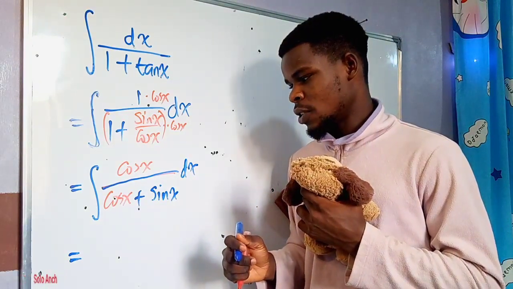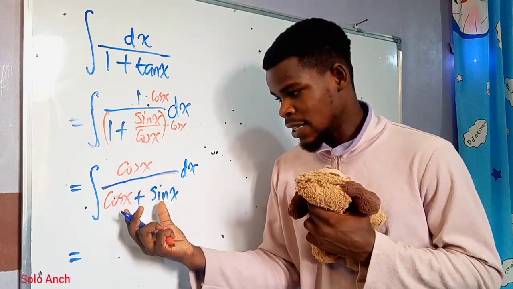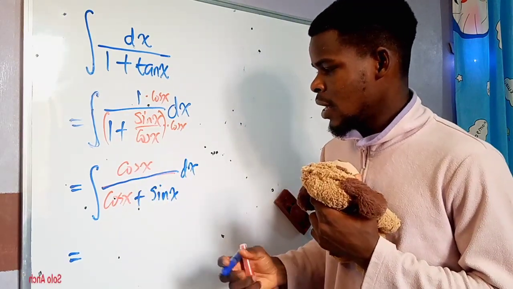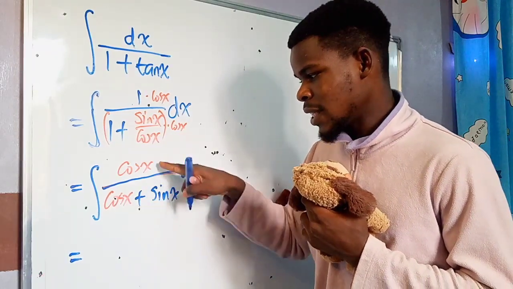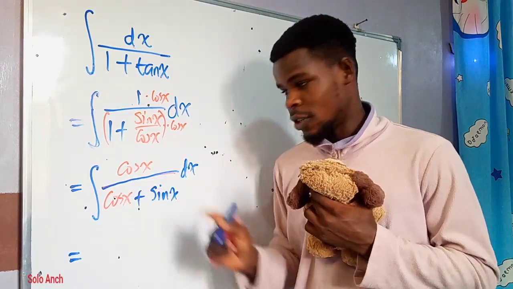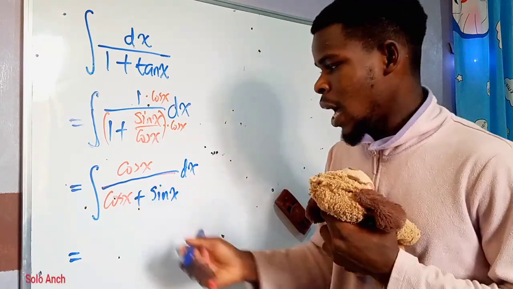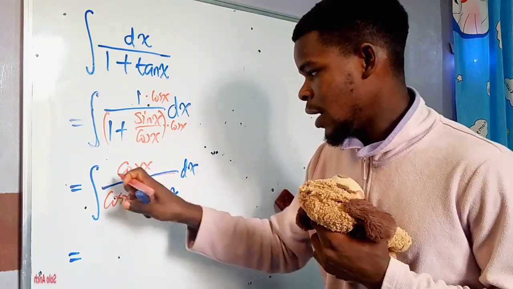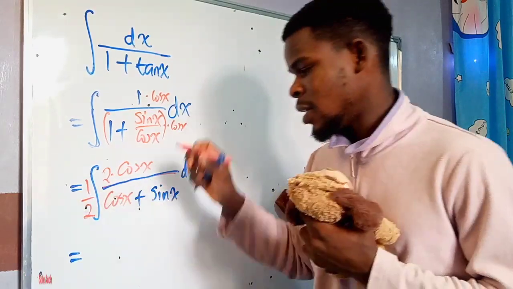So what I can do now is to try to make the top to be at least the derivative of the bottom, right? And to do that, that means we're going to have the derivative of cosine should be negative sine. I should have a negative sign here, since the derivative of sine is positive cosine already. So we just need a negative sign here. Okay, so this is how I'm going to do it. I'm going to first of all multiply this fraction by 1, and the version of 1 I'm going to multiply it by is 2 over 2.